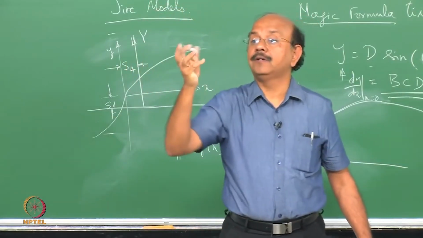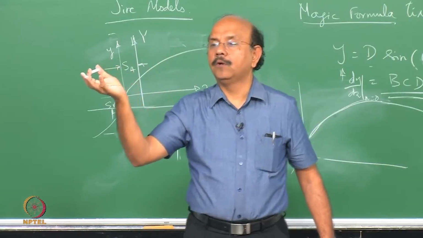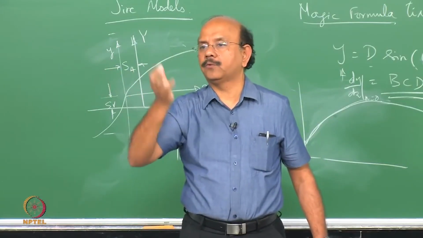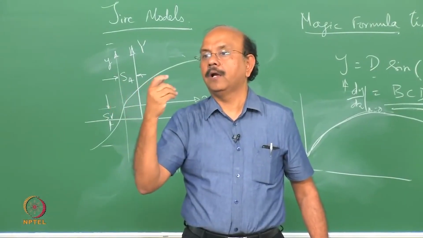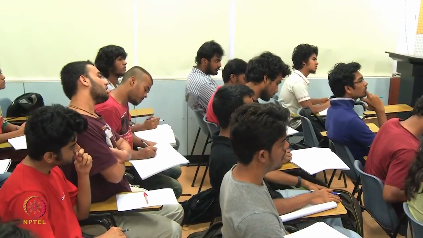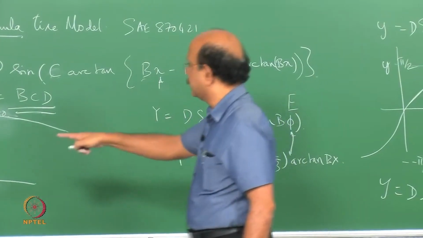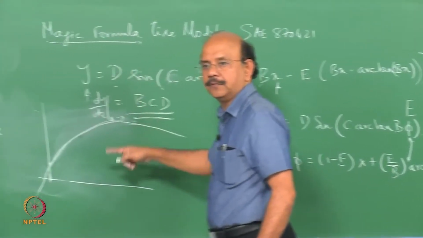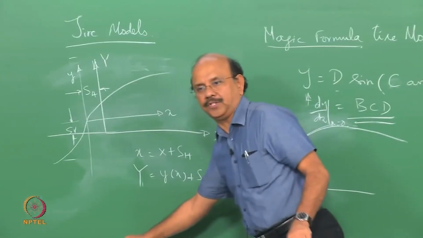It varies depending upon the way you do a maneuver, or how severe your cornering is. All that would manifest in terms of the slip angles. Absolutely. So that is why I am now expressing this. As I told you, I have a number of graphs here, and I want to express all these graphs in terms of one equation.